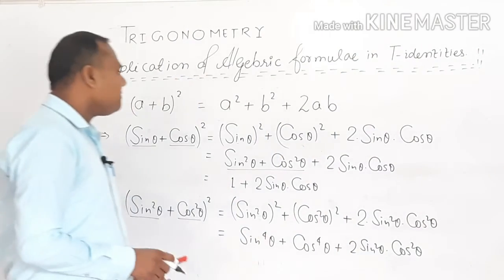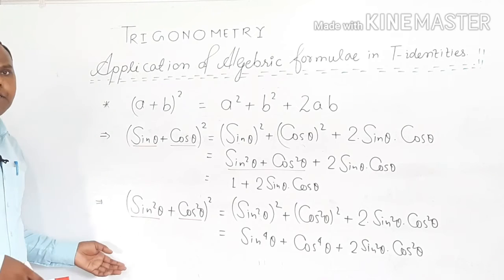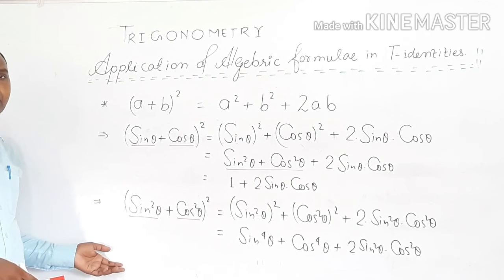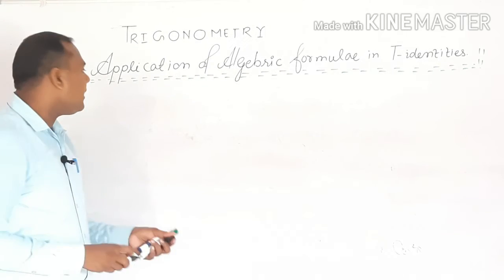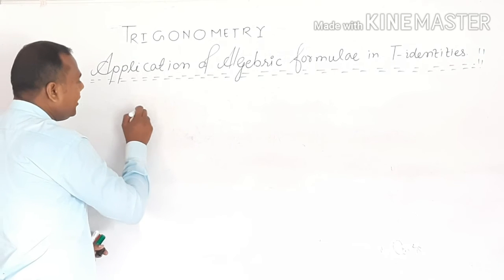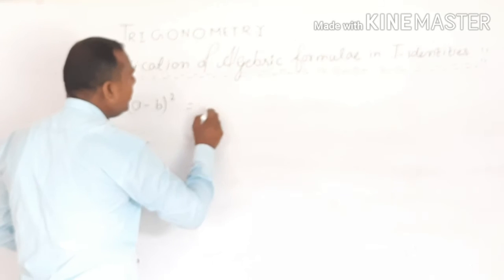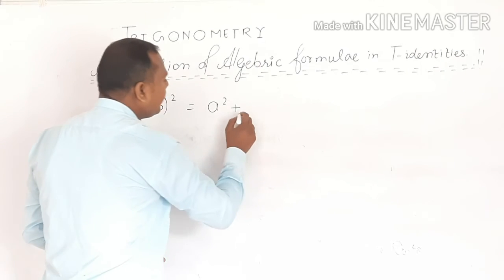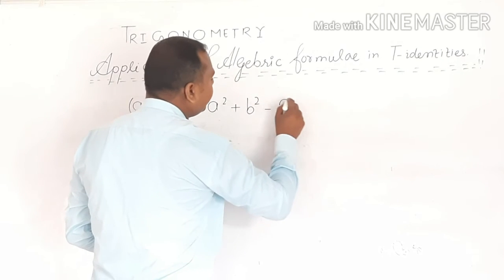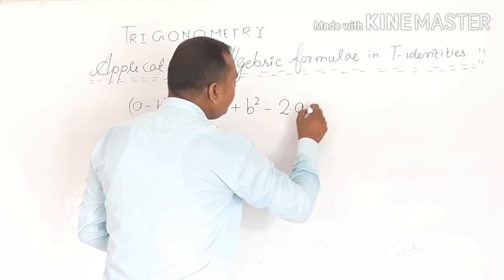Another concept is, firstly you can take a screenshot. Now the next concept is a minus b the whole square will be equal to a square plus b square minus twice of a into b.